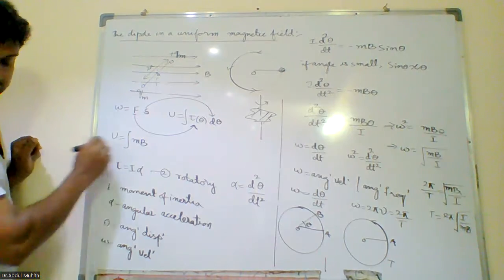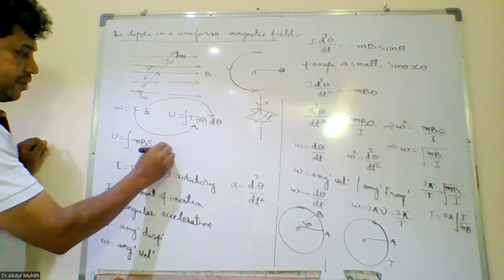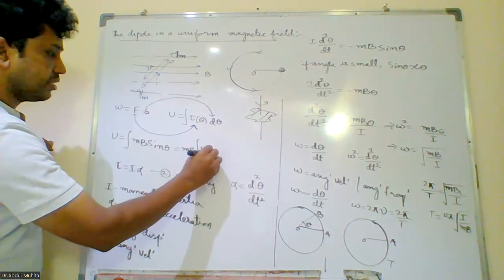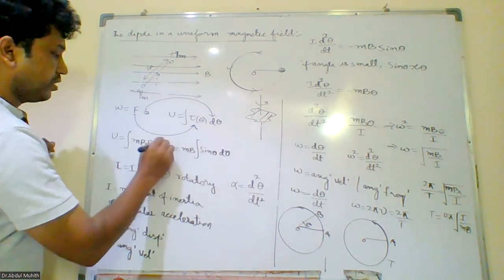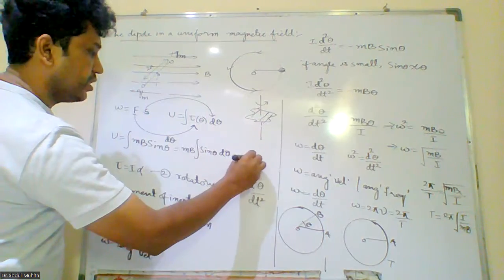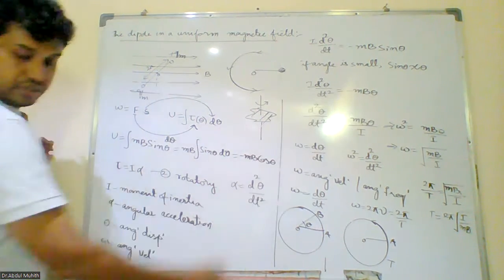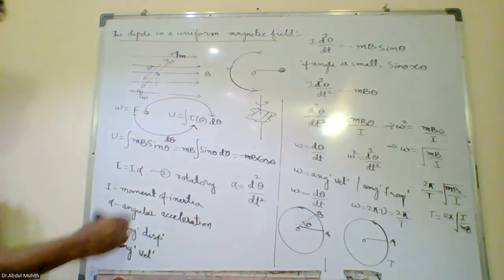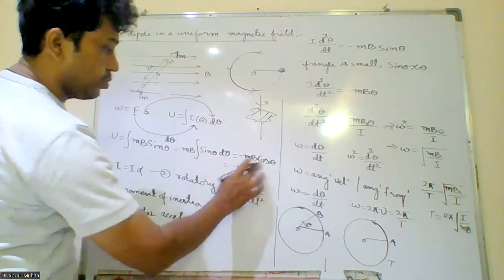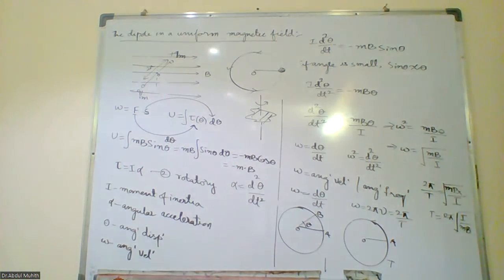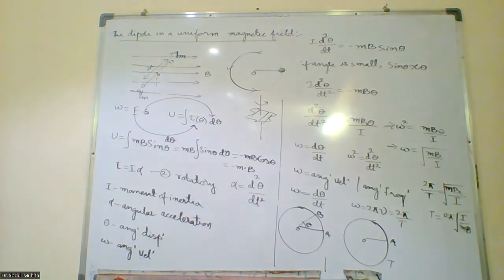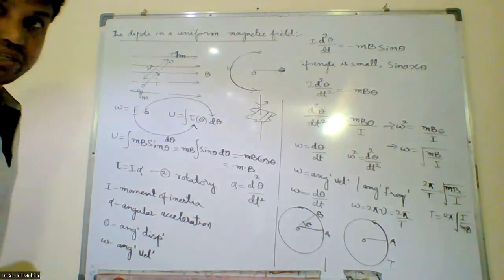MB is constant, and the integration of sin theta is minus cos theta. So U is minus MB cos theta, or we can write minus M dot B. Why dot? Because it is a dot product. A dot B is AB cos theta. Is that clear?